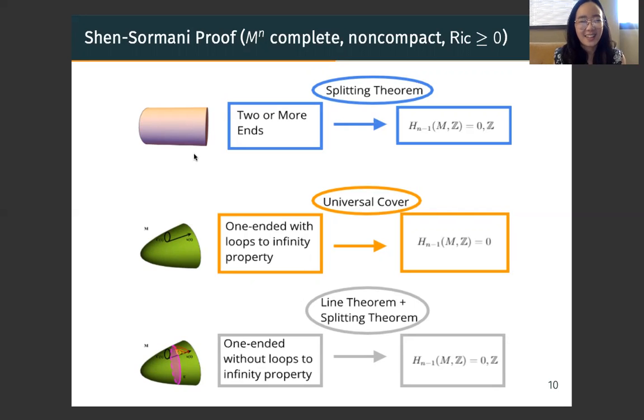And so if the space has two or more ends, then by the splitting theorem, the n-1 integer homology is 0 or Z. If it's one-ended with the loops to infinity property, then you look at the universal cover, you work there, and then you get that the n-1 integer homology is 0. And then finally, if it's one-ended without the loops to infinity property, then you use the argument from the last slide, and then you get the n-1 integer homology is 0 or Z.